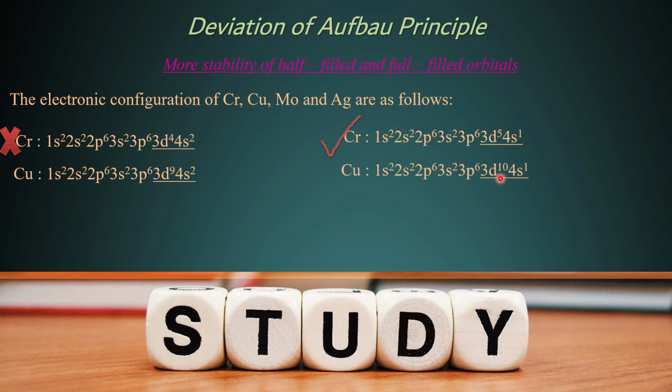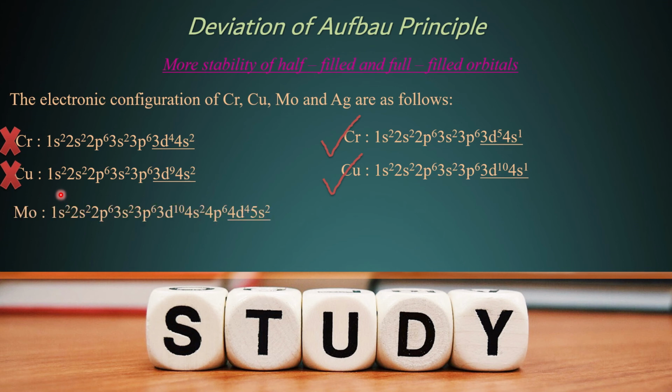That means a fully filled condition, and this electronic configuration is comparatively more stable than this one. Though the other follows the Aufbau principle, this one is more stable. So for copper, this electronic configuration is correct and this one is wrong.